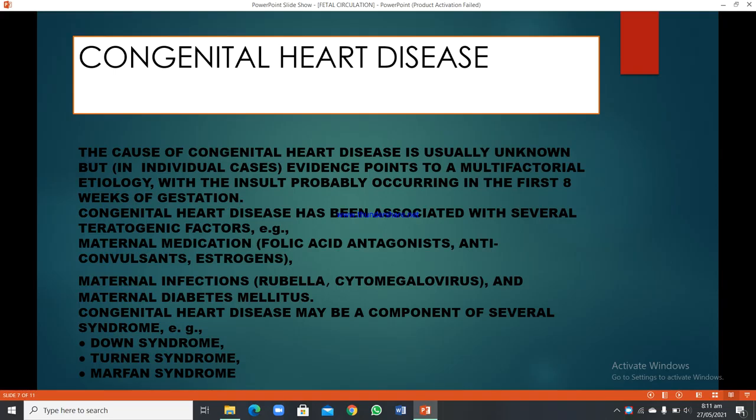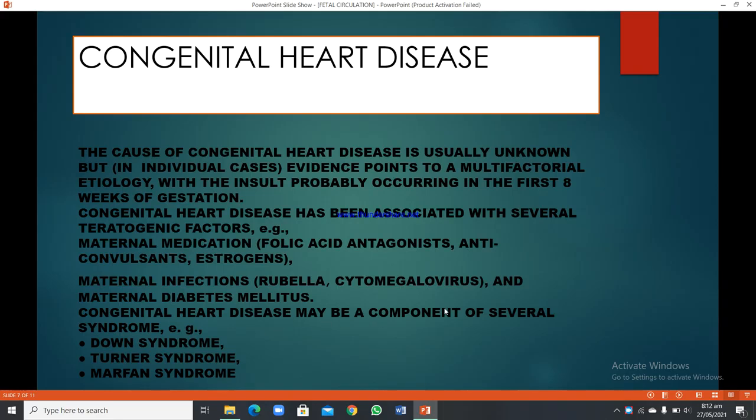Congenital heart disease has been associated with several teratogenic factors, for example, maternal medication, folic acid antagonists, anticonvulsants, that is the drugs used for treatment of epilepsy, estrogens, maternal infections, that is rubella, cytomegalovirus, and maternal diabetes mellitus.